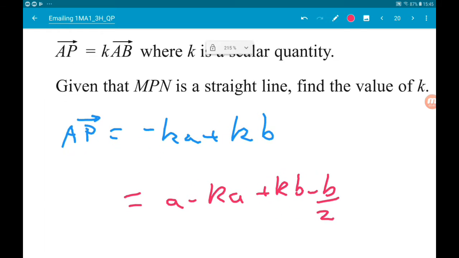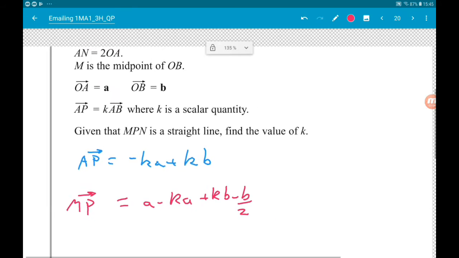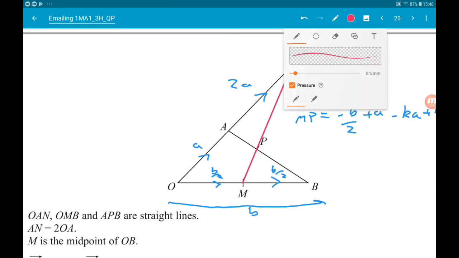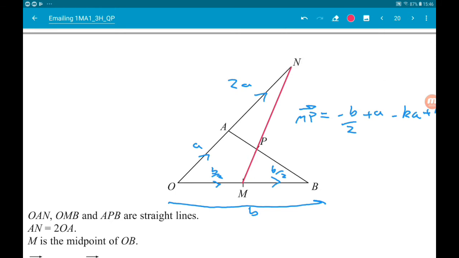Okay, so m to p is that vector. Now, we can also work out p to n.